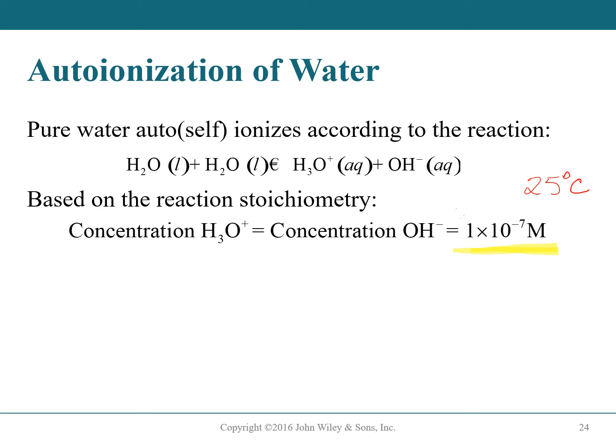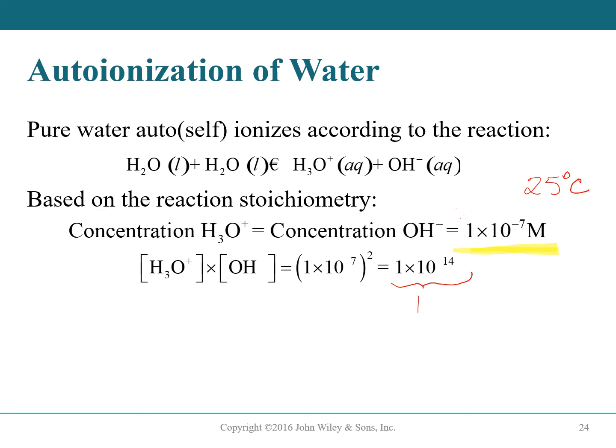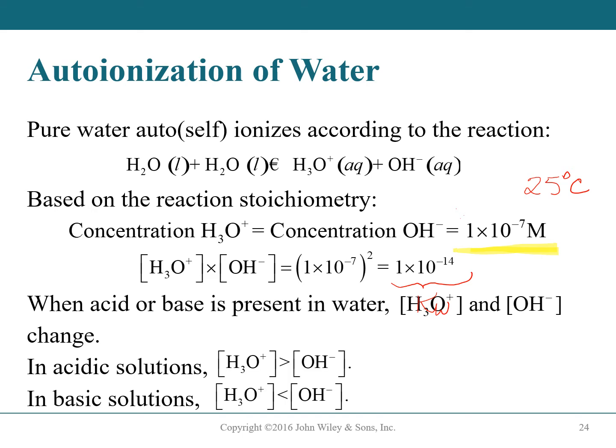Now this is less than 1 in a million. This is like 1 in 10 million. But there is still some present. Okay? When you multiply the two, you get 1 times 10 to the minus 14. This is called the equilibrium constant for water.